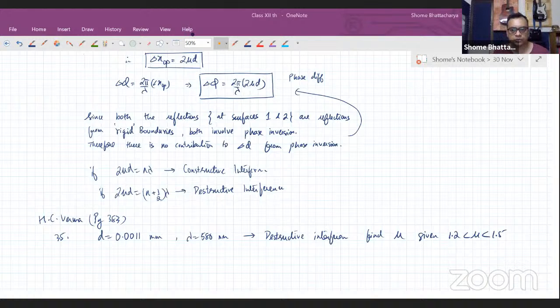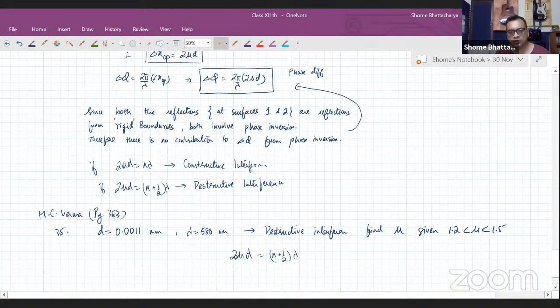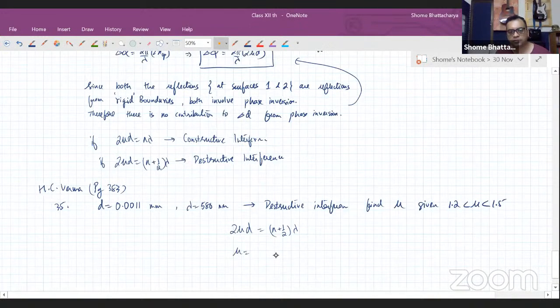Yeah, good, Aditya. So you work this out. So basically, we have to apply this concept now that 2 times mu into d is equal to n plus half lambda. So from this, we are getting the formula for mu to be some odd multiple of lambda by 4d, like this. Yeah?